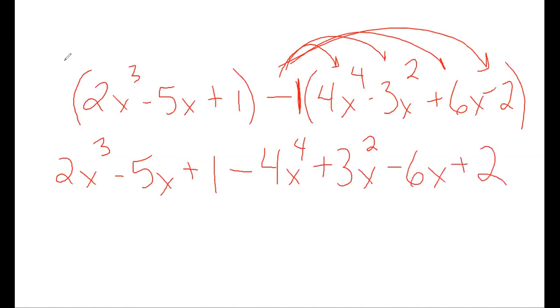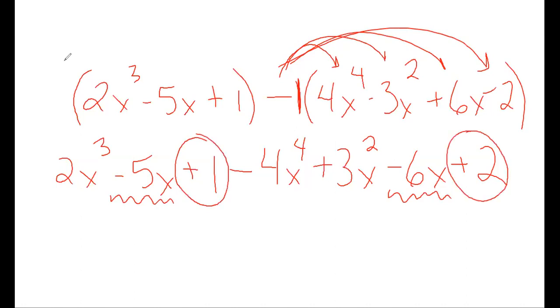All the signs are going to change. But once I get through the parentheses, now I just look for like terms again. So I do have a couple sets of like terms in this one. I have x's that can go together, and I also have constant terms that can go together.